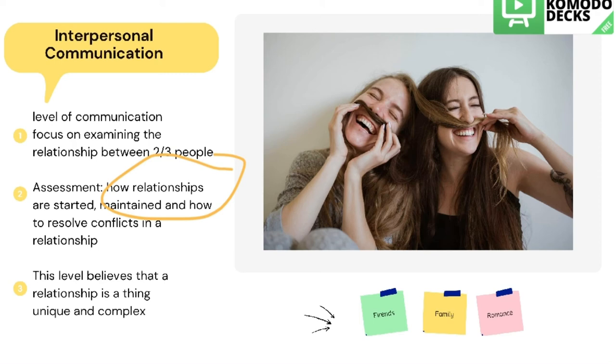At this level, people communicate because they want to create a relationship, maintain a relationship, or resolve conflicts in a relationship. There are several types of relationship: first is friendship, then family relationship, and then maybe romantic relationship.